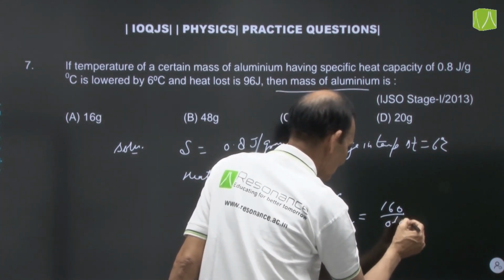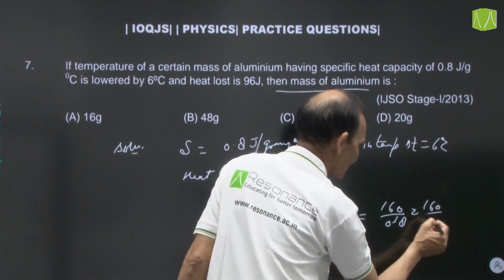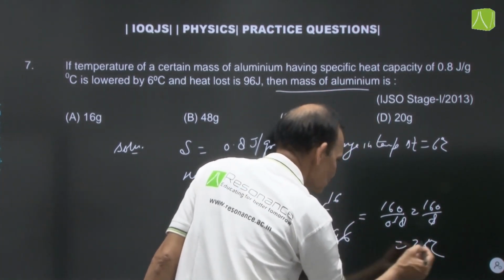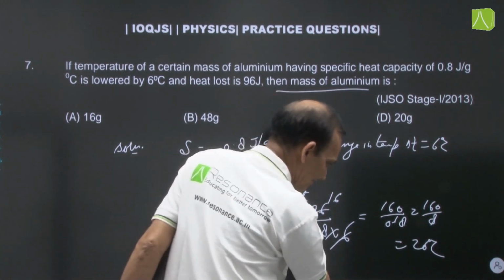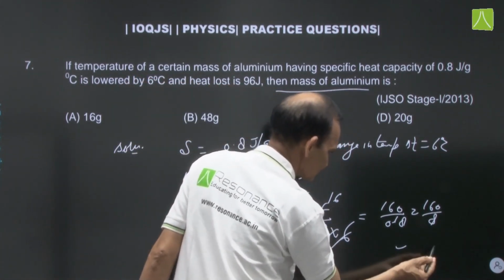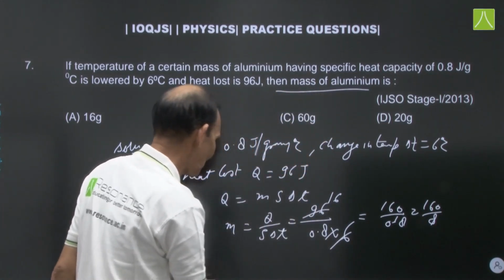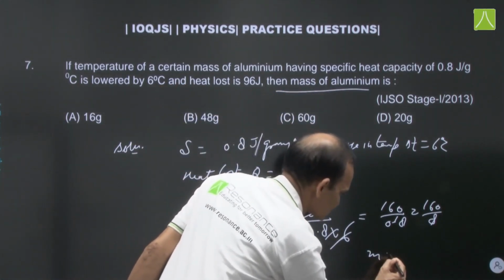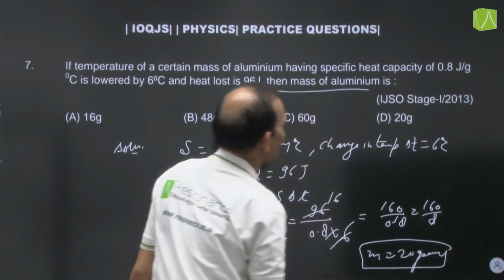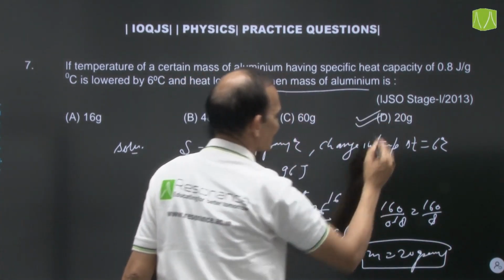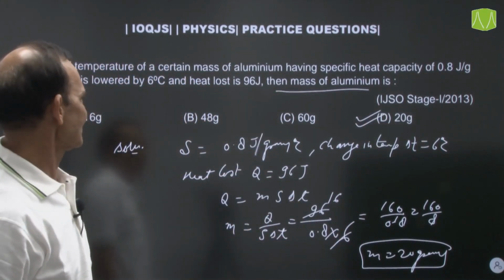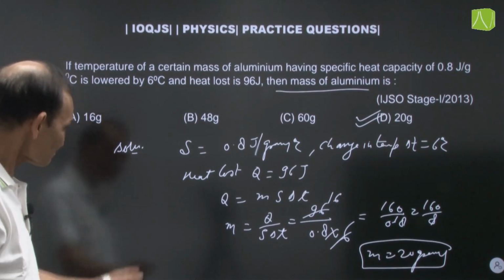You cancel, that is 160 by 8, that is 20 gram. It is the mass. So the correct answer is D. It is the IJSO stage 1 2013 question. Is it clear?